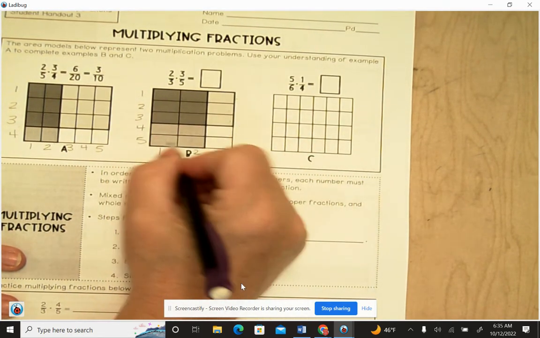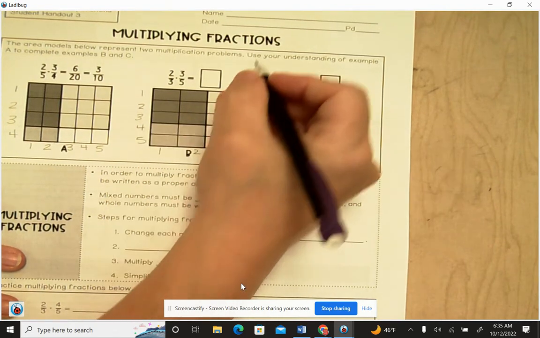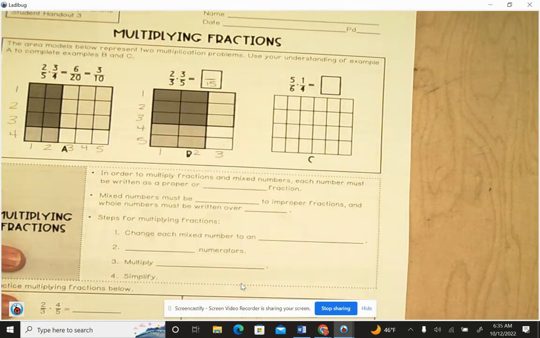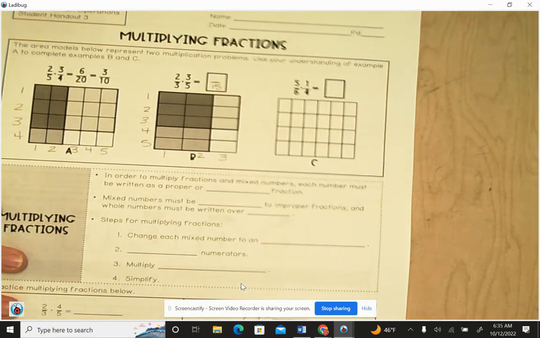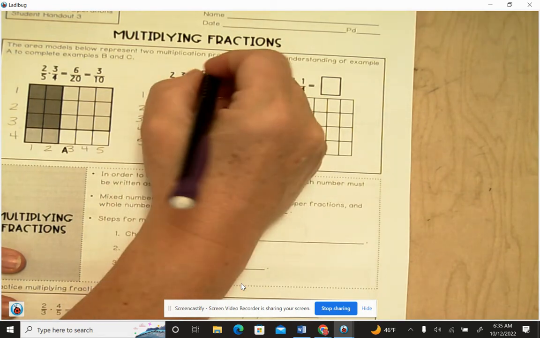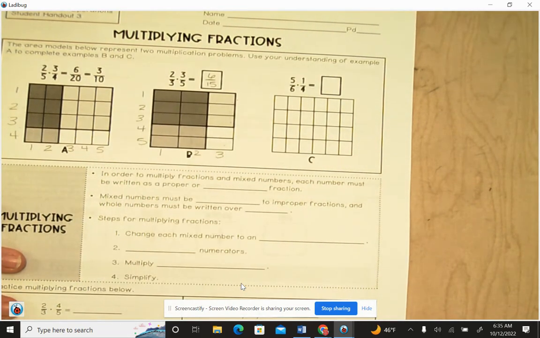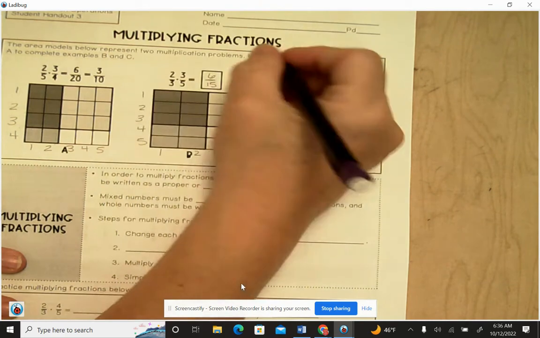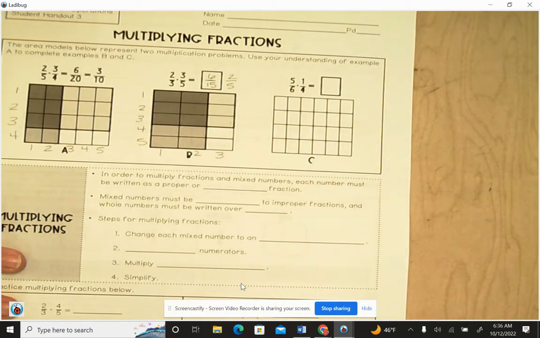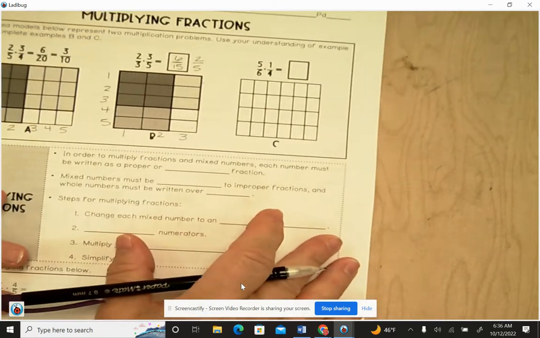And what overlaps, we've got 3 and 5. So the bottom is going to be 15. And how many of those 15 are shaded? 2, 3, 4, 5, 6 is 6 over 15. And that can reduce to 2/5. Each side is divided by 3.